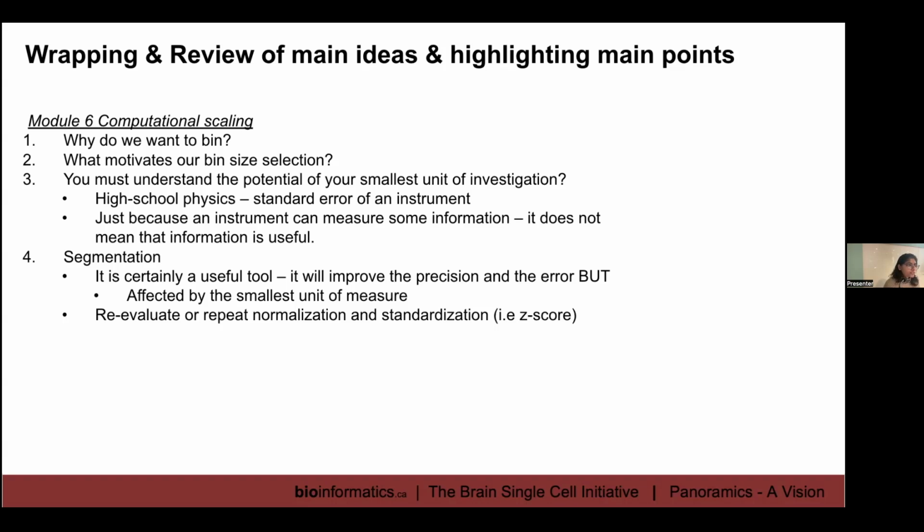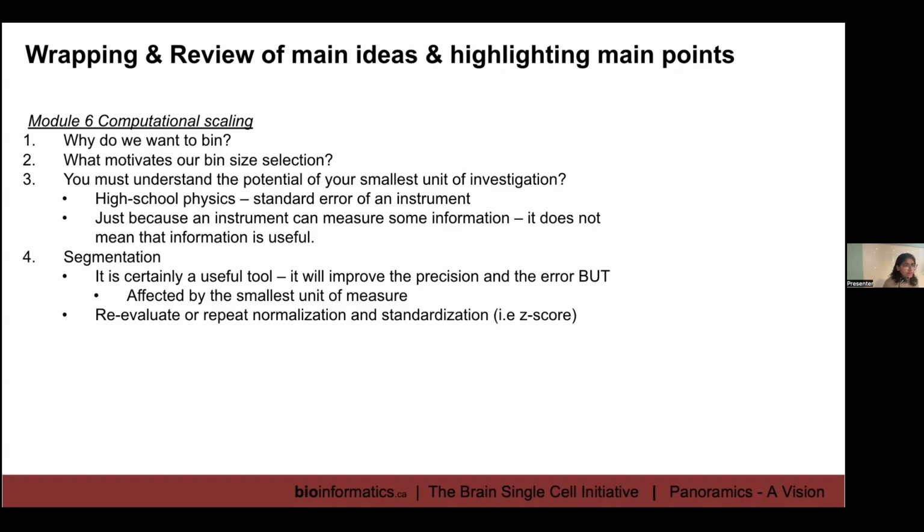And there are ways in which you can define these bin sizes. You can define these bin sizes by the cell itself. So you can do cell segmentation, but the cell segmentation method is going to vary between the platforms. 2 micron might not be sufficiently small for really small cells, which means that your segmentation boundaries and your bin size will suffer.